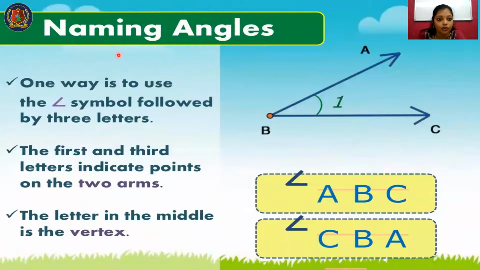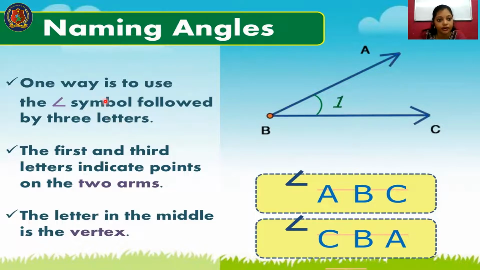Now we are moving to naming the angle. So what is naming the angle, children? Can anyone tell? Yes, I am going to tell you that. One way is to use this symbol. This is the angle symbol, children, followed by three letters. Already I said in line segment, we have to give some name for the line segment, right?